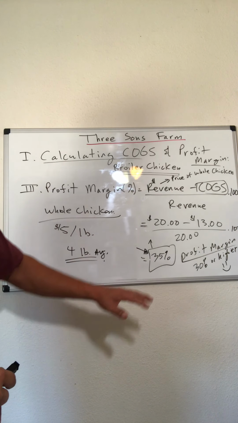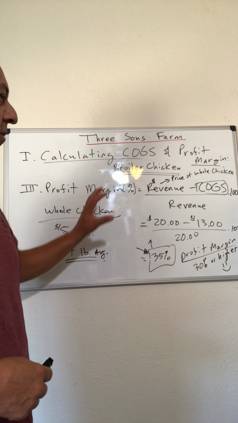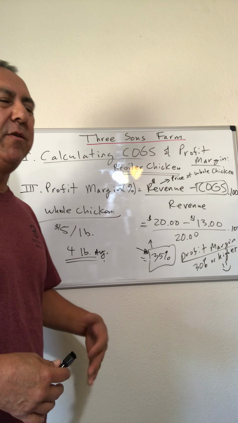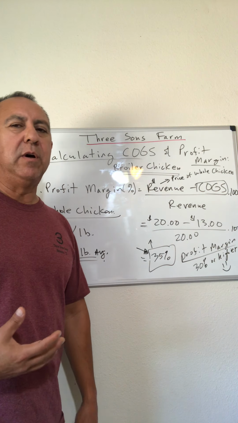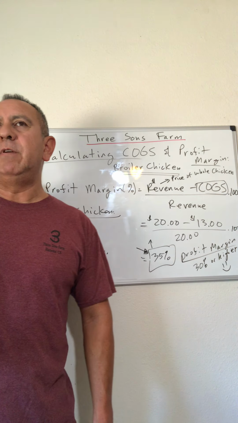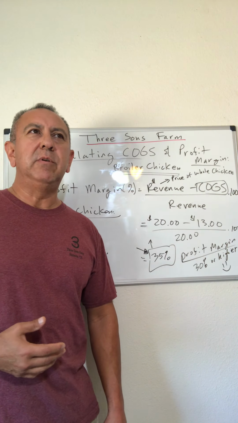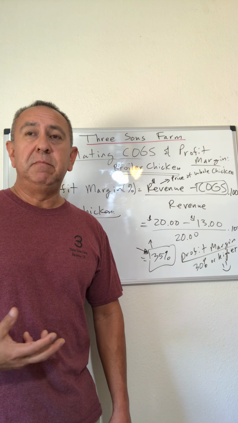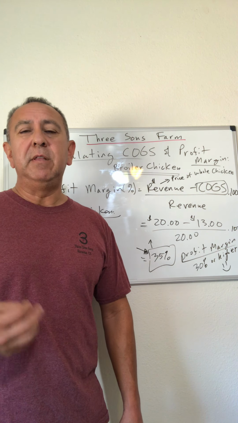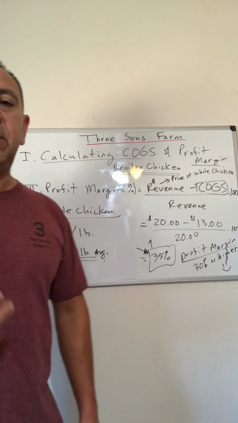Because really, there's other costs associated with this, right? That are going to chip away at this number. That's why 30% is a good one. And I'll just show you, for example, Starbucks, their net profit last year, I think was like 13%, which is awesome. Okay, that's net profit, and that's what we're going to talk about in the next show.